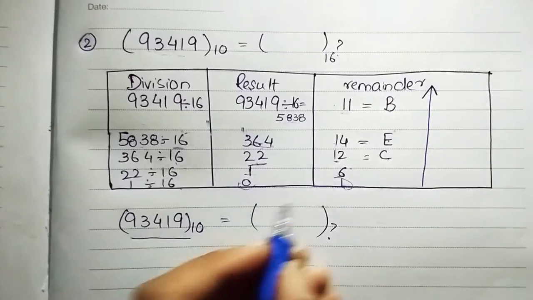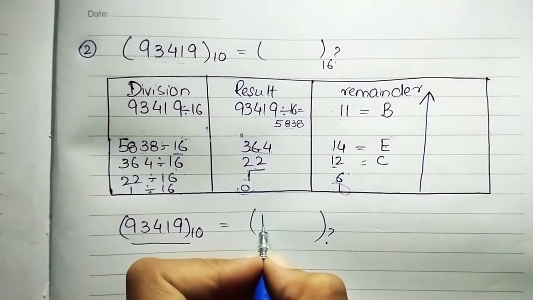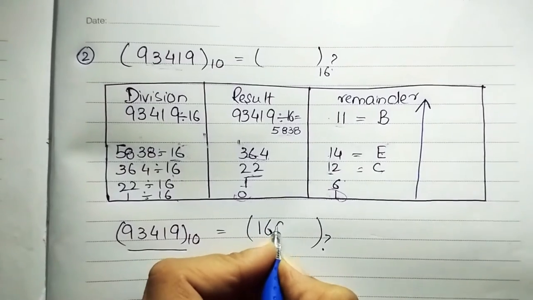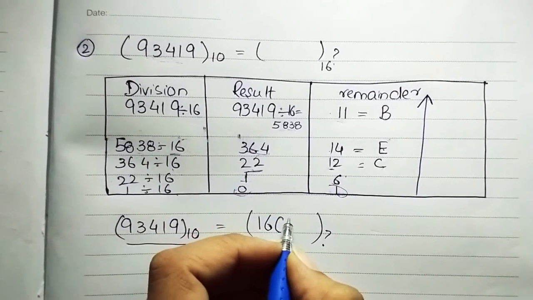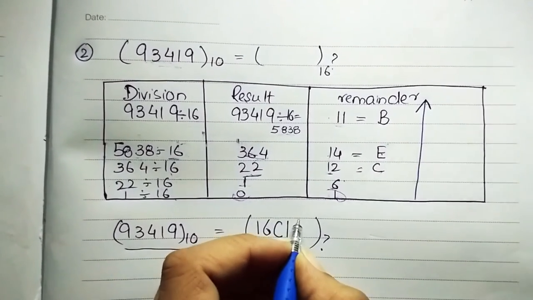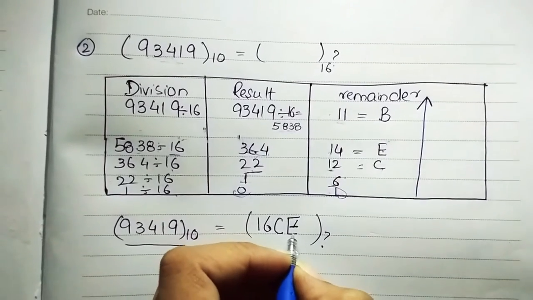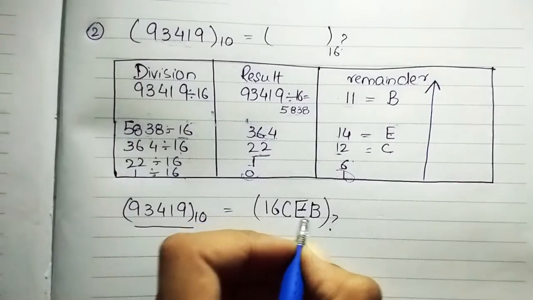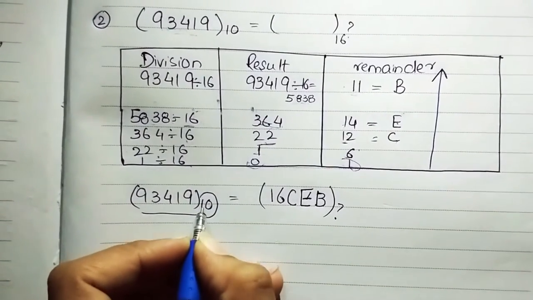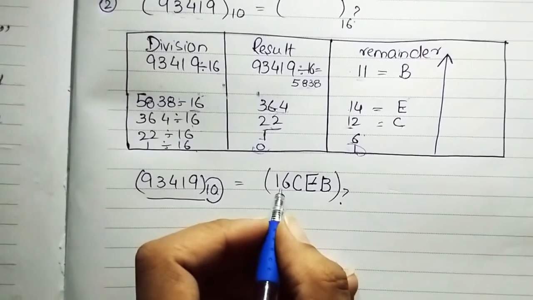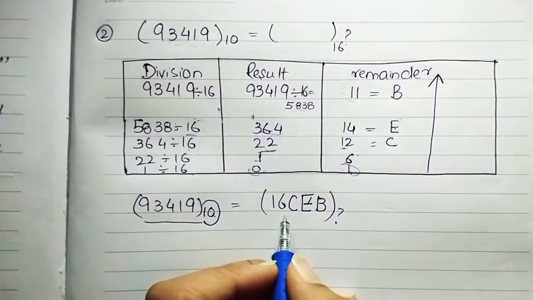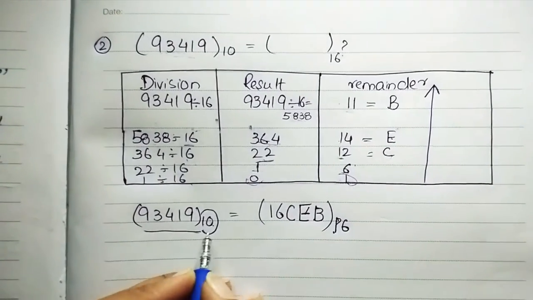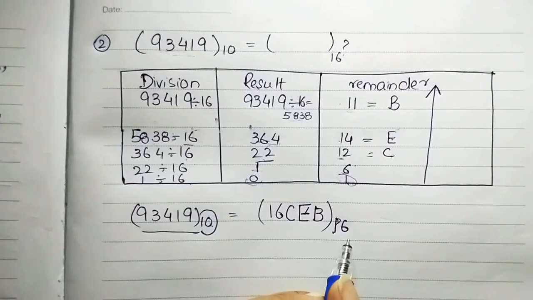This is the number and the result is 16CEB. And this is the decimal number, so its base is 10, and this is the hexadecimal number, so its base will be 16. Now this number is converted into hexadecimal.